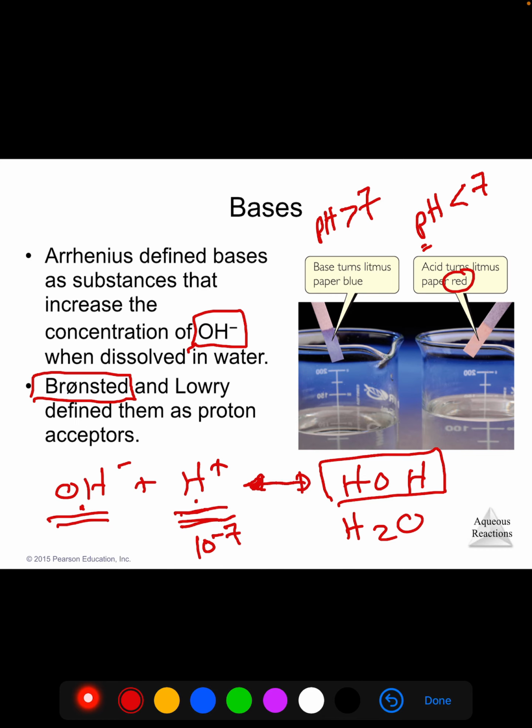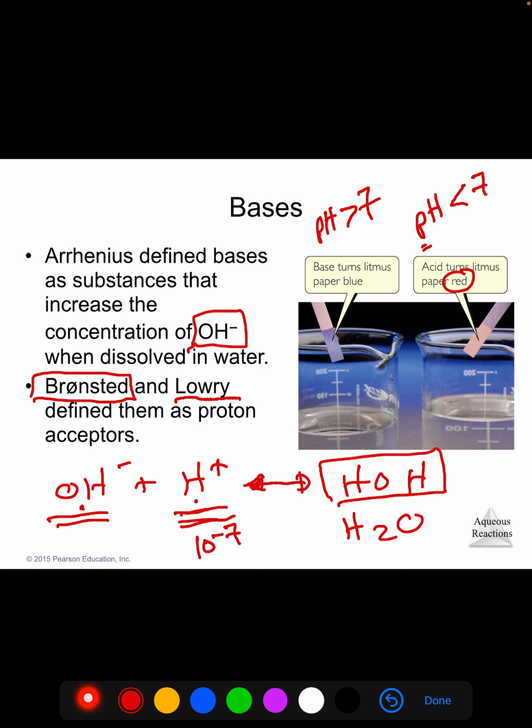I think he died in the mid 40s around World War II. And Lowry, I want to say Thomas Martin Lowry, was a British chemist working about the same time. They simultaneously kind of worked on this. He died right before World War II. But this is like in the 30s and 40s they were doing their work.